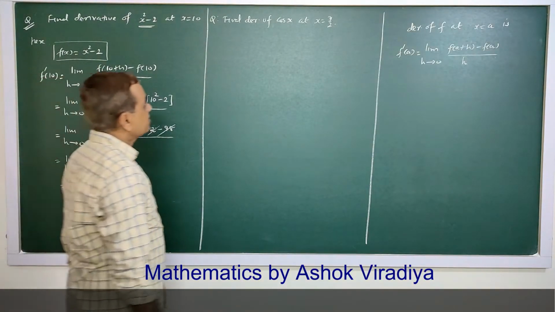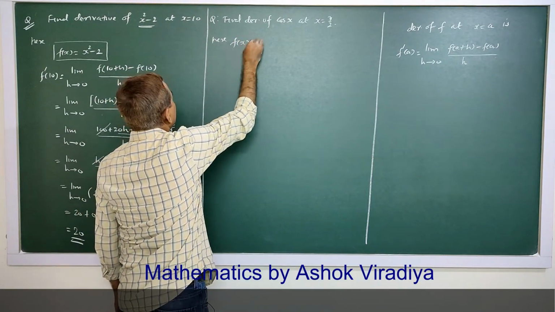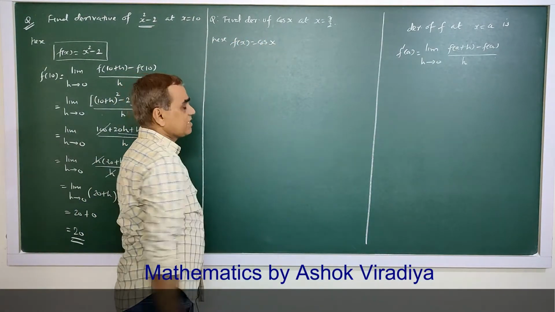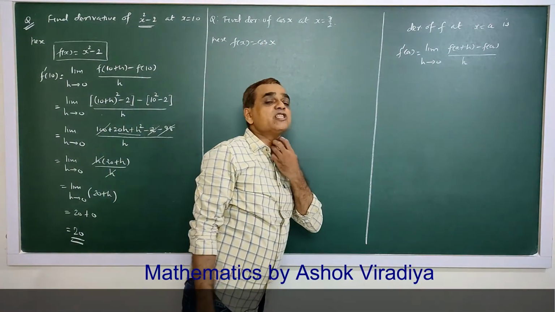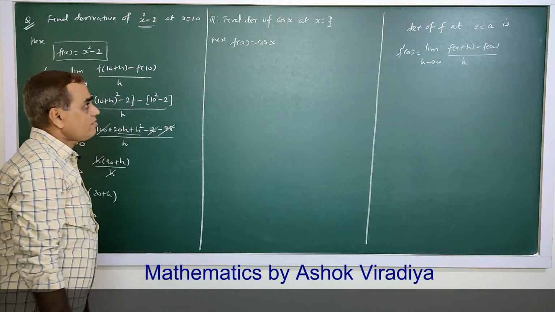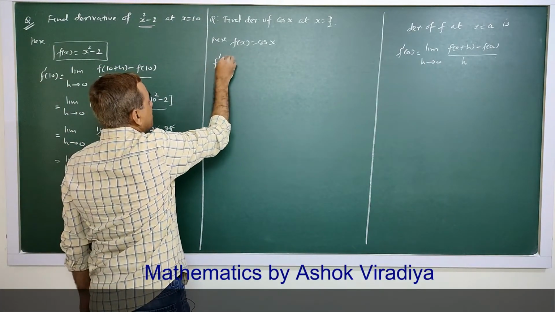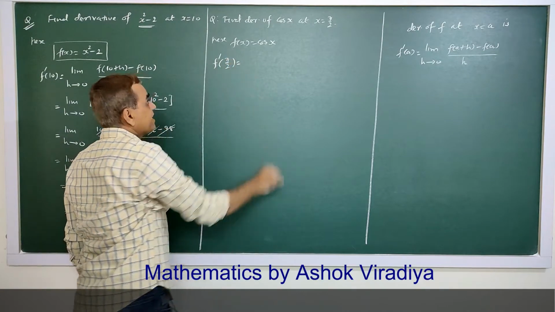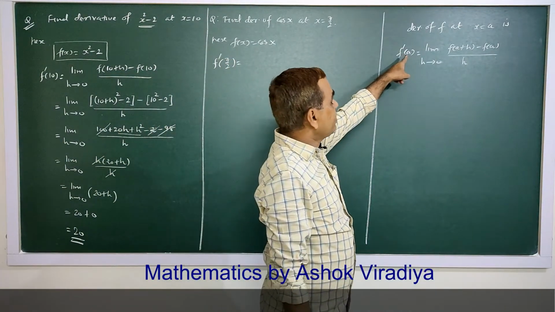Now here f(x) is cos x. We want a derivative of cos x at x equal to pi by 2. So we want derivative at pi by 2. Put here pi by 2.